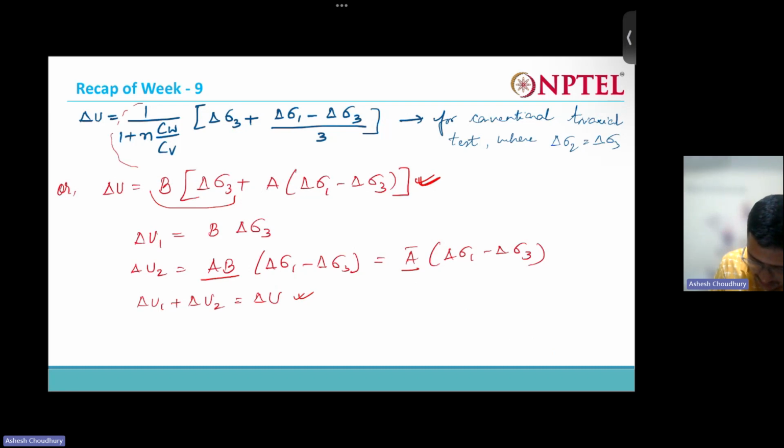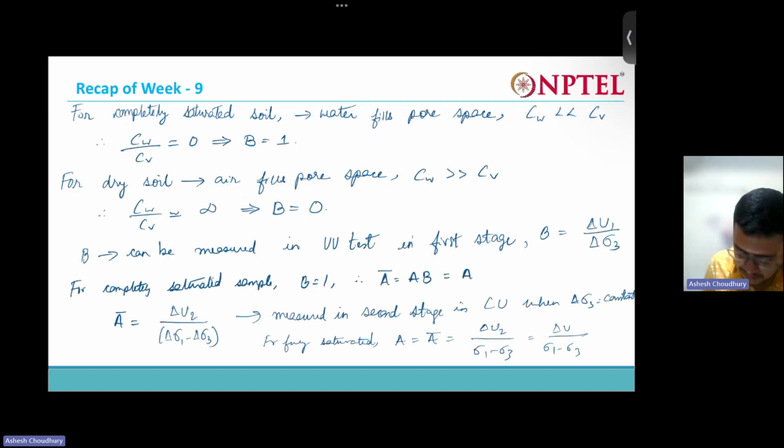This term we are actually writing as B. Now B can be measured in the CU test in the first stage, as we discussed already at the start of this class. So B is equal to delta u1 by delta sigma 3. For completely saturated soil sample, B is equal to 1. We saw it here.